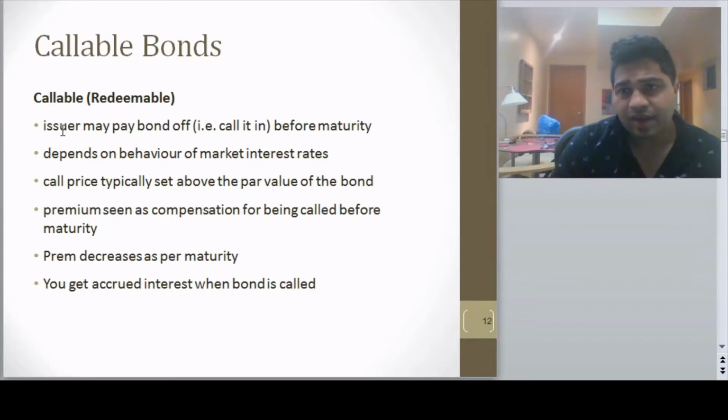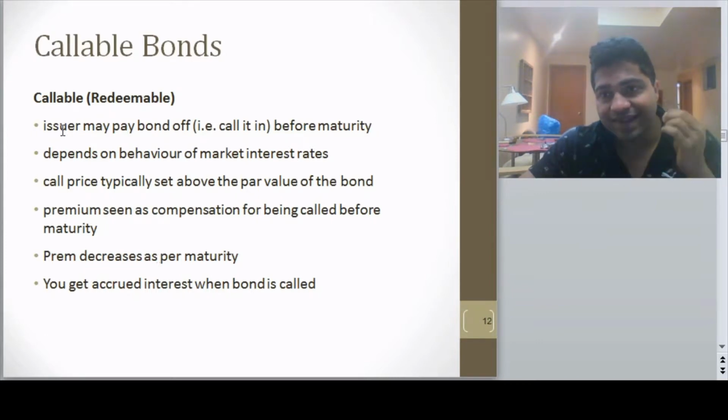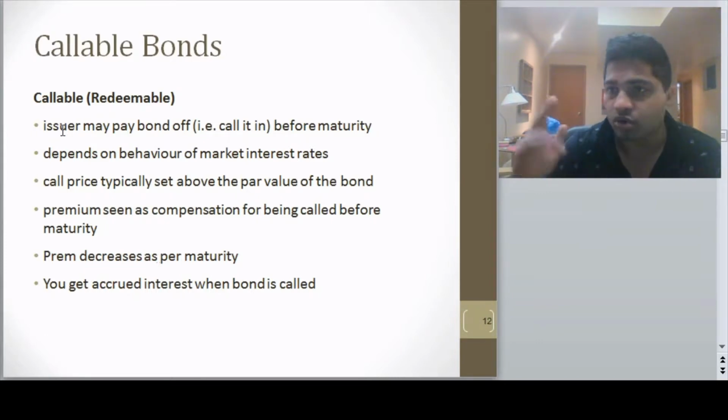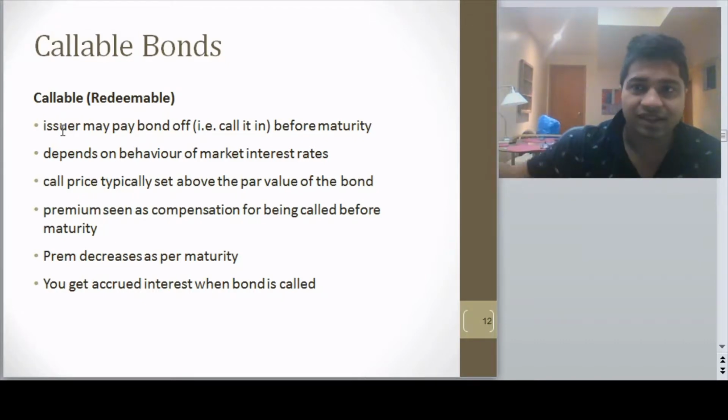Let's say it's a 30-year bond, but it is callable after 5 years. After 5 years, if the company wants, it can pay a certain amount to bondholders, let's say $1,020 on a face value of $1,000. So it can pay $1,020 and close the debt. Bondholders will get that $1,020 but will not get any future coupon payments.